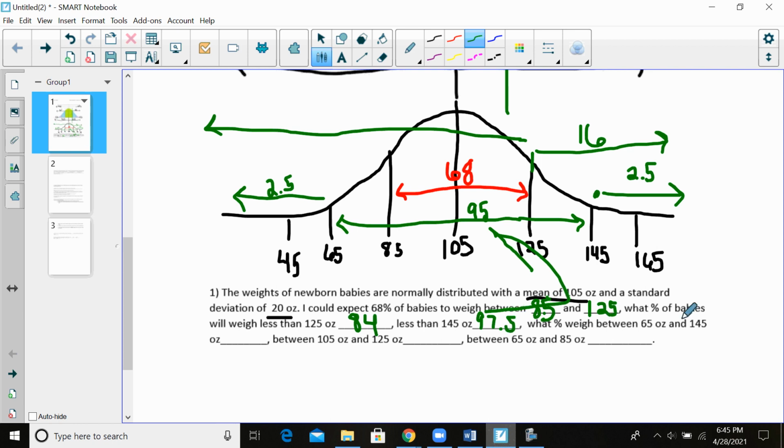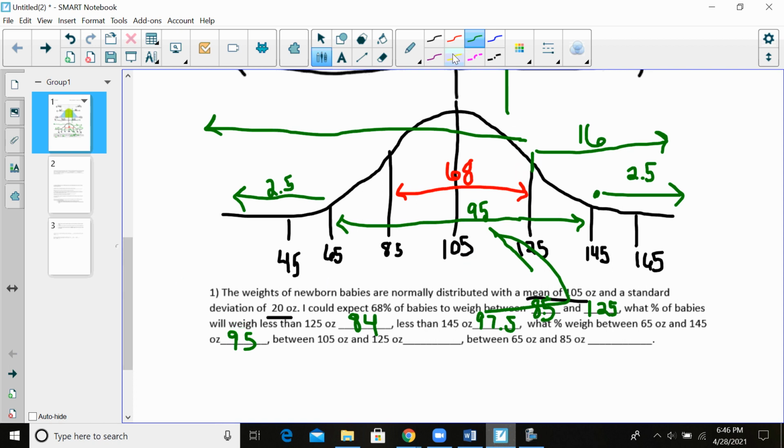What percent lie between 65 ounces and 145? That one's pretty easy. That's at the 95%. And there should be percentage signs after all of these. It's just so hard for me to write those with this. And between 105 and 125.